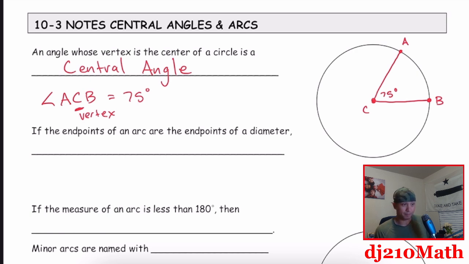Okay. Part 2. If the endpoints of an arc are the endpoints of a diameter, okay, so let's show what this is talking about. So remember, a diameter is the longest chord that goes through the center.